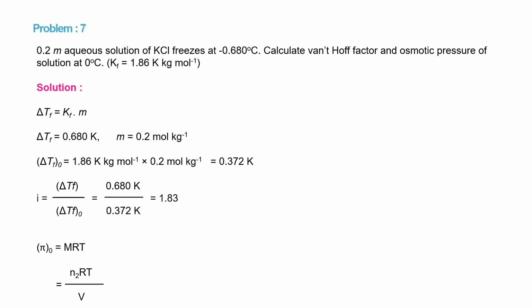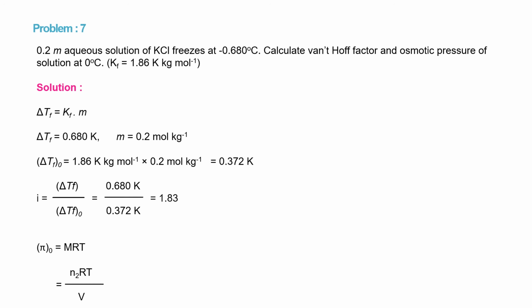So i is equal to delta Tf upon delta Tf0, that is 0.680 upon 0.372, and your answer is 1.83. So the Van't Hoff factor is 1.83 here.